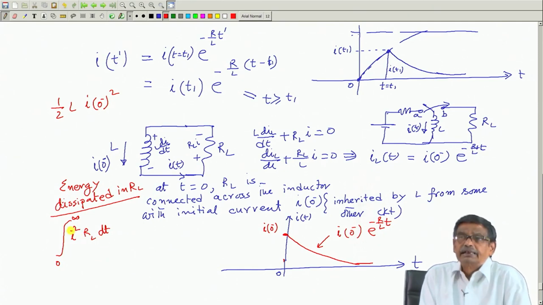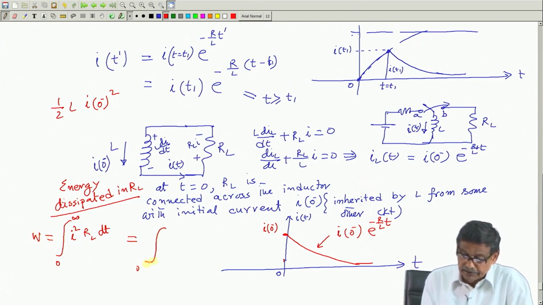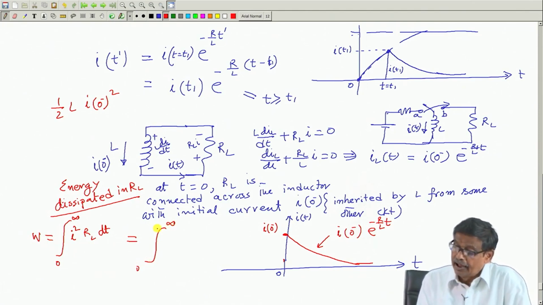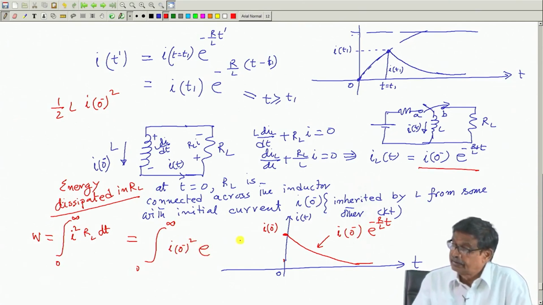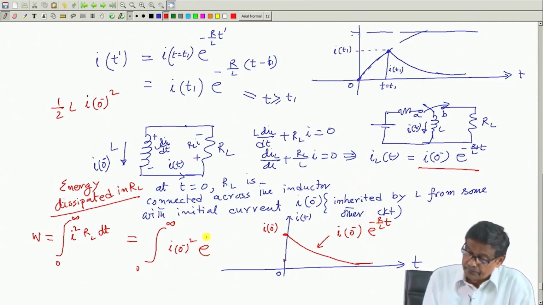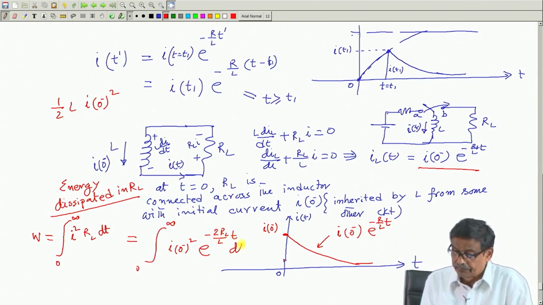I leave it as an exercise to put this value: W dissipated from 0 to infinity, and this current square is nothing but I(0-) square e to the power minus 2 R_L by L into t, into dt.